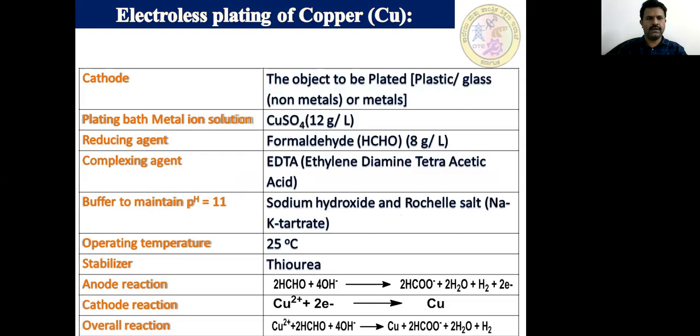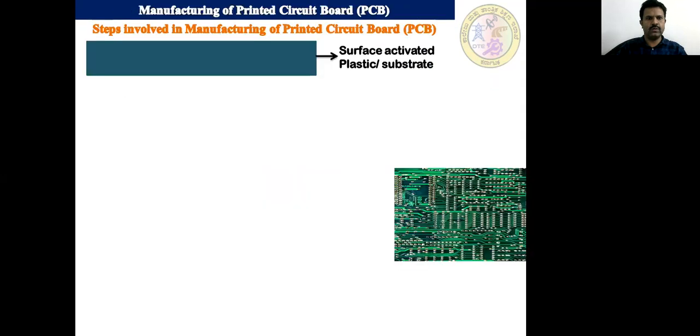So let's go through the important applications of electroless plating of copper, that is manufacturing of printed circuit boards, PCB. The steps involved in manufacturing of printed circuit boards are: first, they will choose the required substrate.